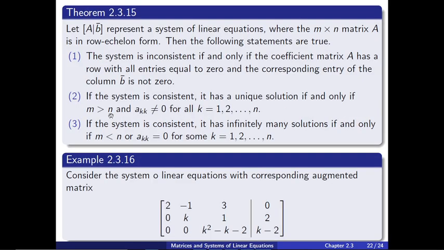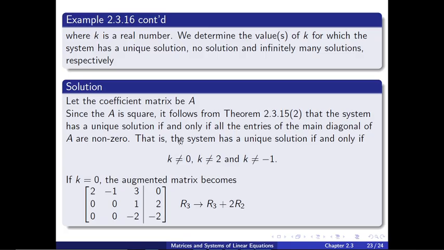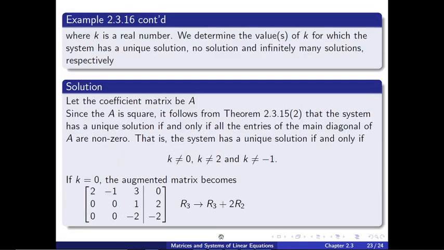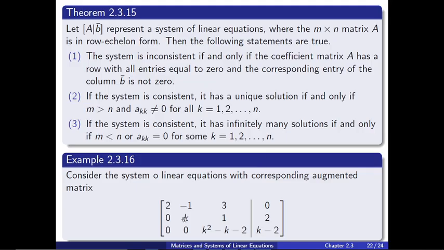Anyway, so for it to have a unique solution, we know that the diagonal entries have to be non-zeros. So the system has a unique solution if and only if this is not 0 and that is not 0, right? So in translation, k can't be equal to 0 for it to have a unique solution.